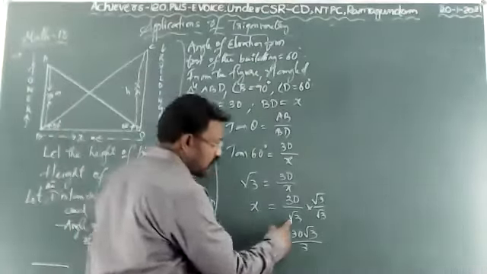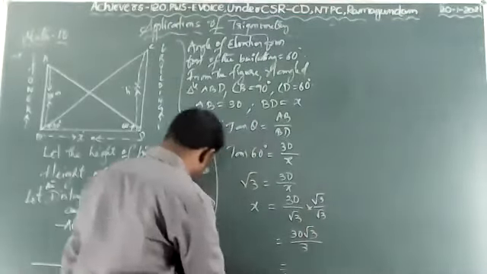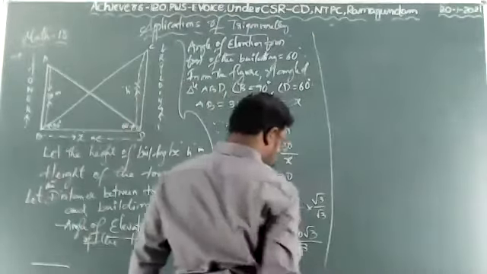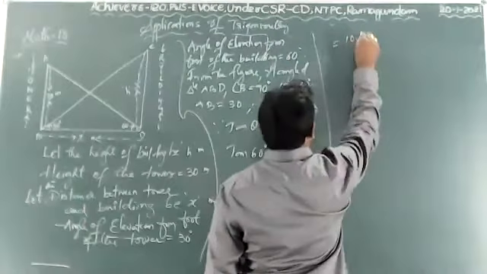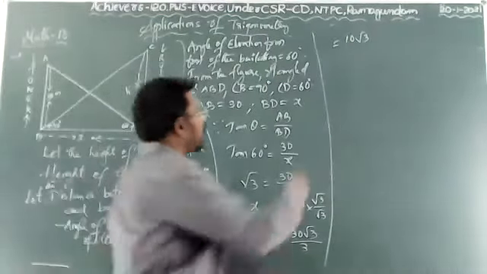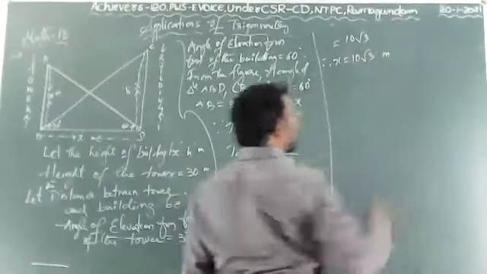That is 30 root 3 by root 3 into root 3, which is 3. The rationalization removes the root in the denominator. Root 3 into root 3 is 3, and 3 tens are 30, so 10 root 3 meters. Therefore, x is equal to 10 root 3 meters.